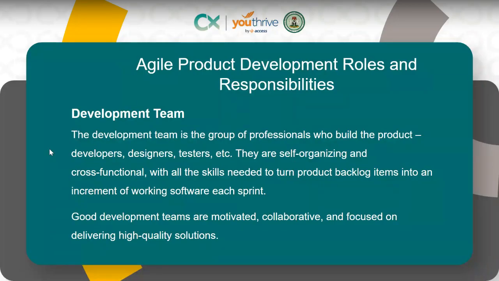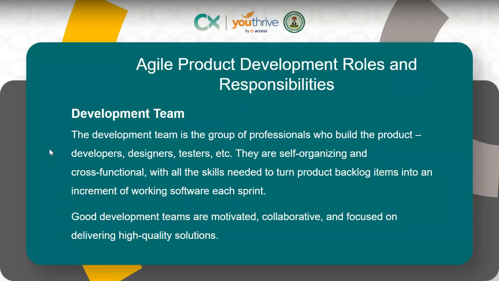So these are people that come together and put their skills together to ensure that for each sprint, we have a working software or a working feature to release. All right. A good development team is motivated, collaborative, and focused on delivering high quality solutions.